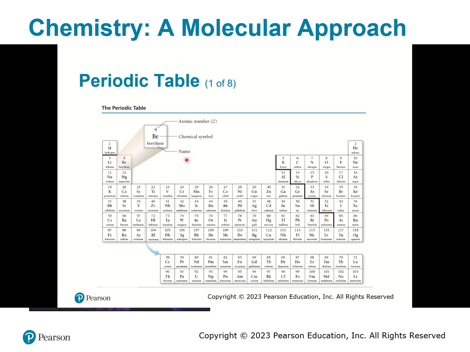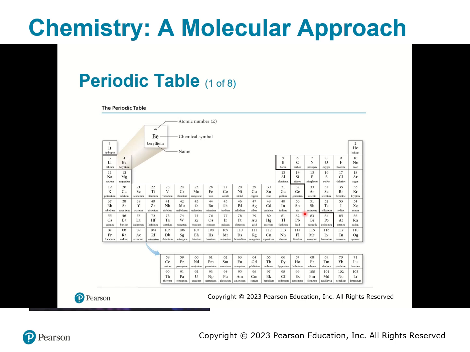Each box shows the atomic number, a chemical symbol, and also the name. For example, the element beryllium has atomic number 4 and chemical symbol Be. The element tin has atomic number 50, and it's over here, right? Sn. That is the chemical symbol.